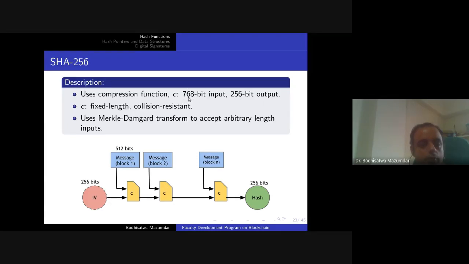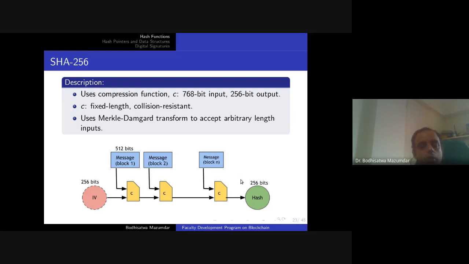C is a fixed length and collision resistant function. The security of SHA-256 relies on the security properties of this function C. This construction is called the Merkle-Damgard construction.